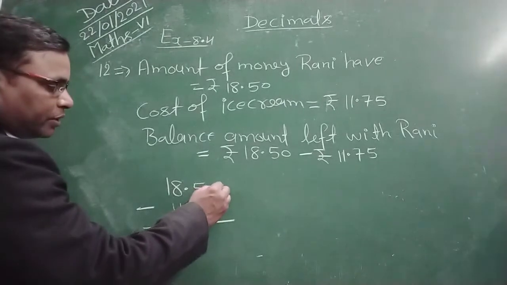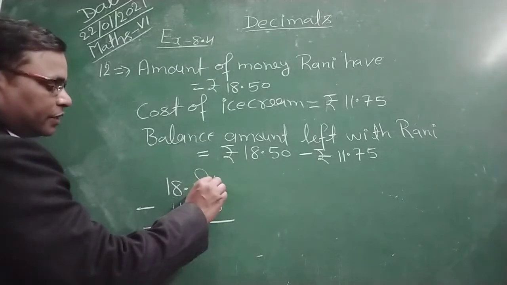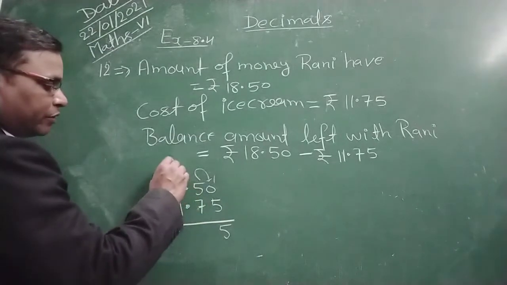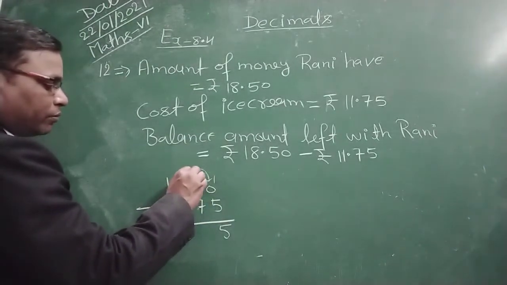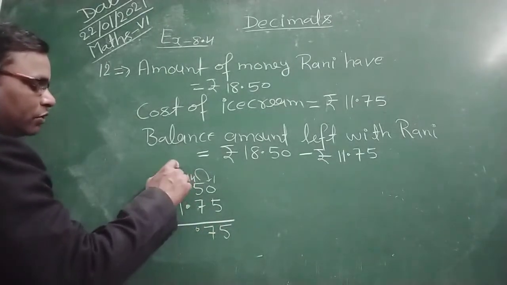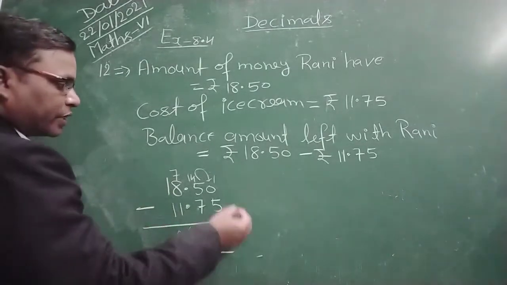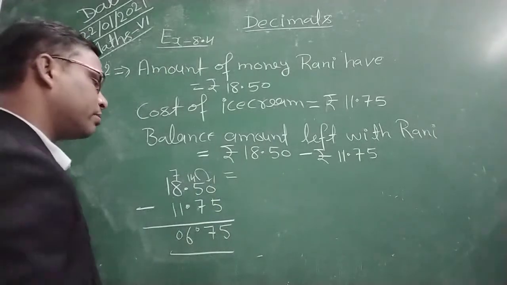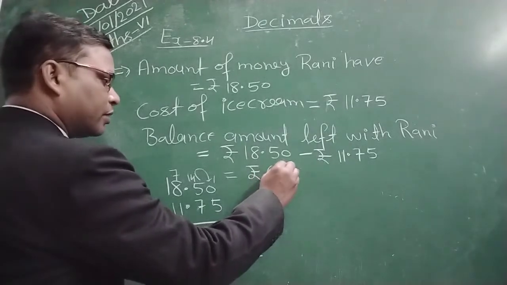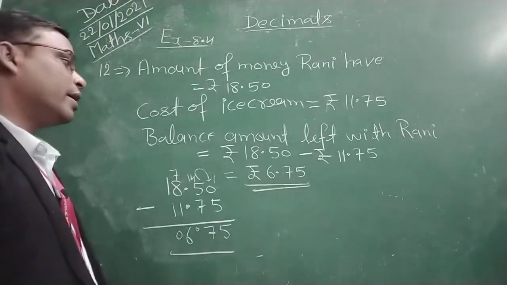Now if you subtract here 0 minus 5, so take 1 carry, you get 10 minus 5 is 5, now it becomes 4. Again take carry 1, then it will become 14 minus 7, this is equal to 7, here this becomes 7 minus 1, this is equal to 6, and 1 minus 1, this is equal to 0. So you can say the balance amount left with Rani is rupees 6.75.